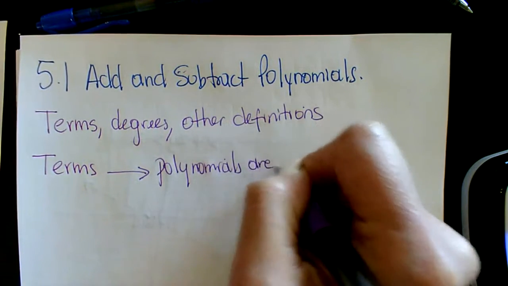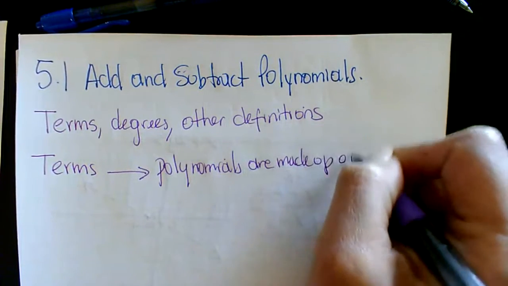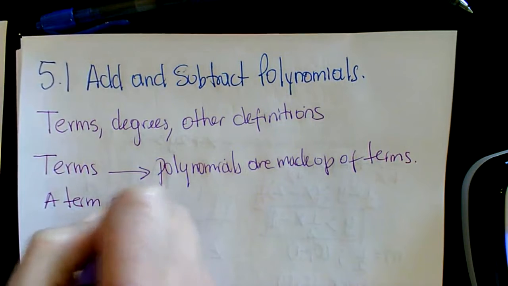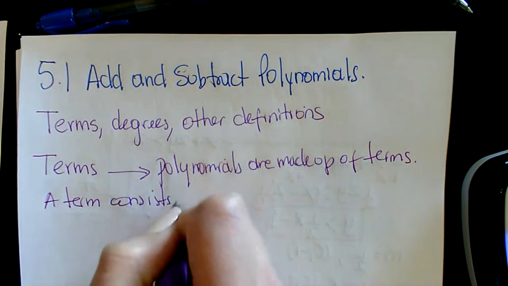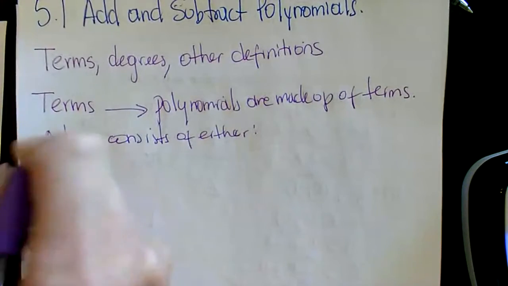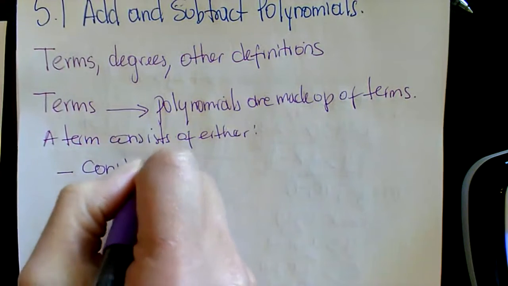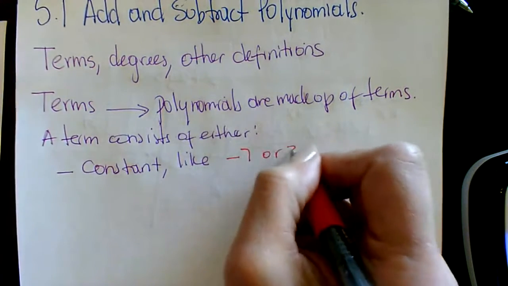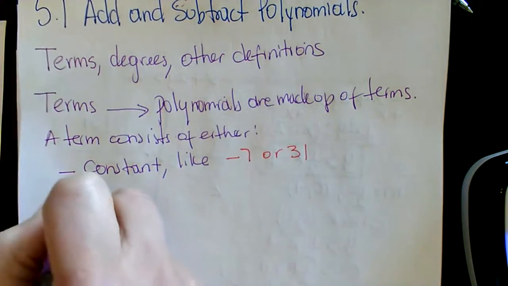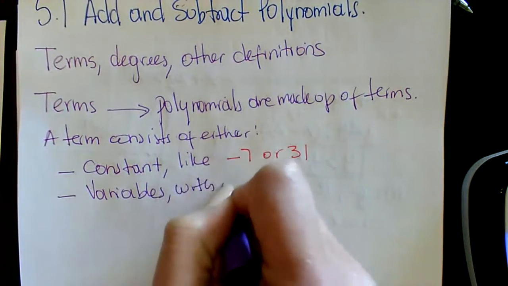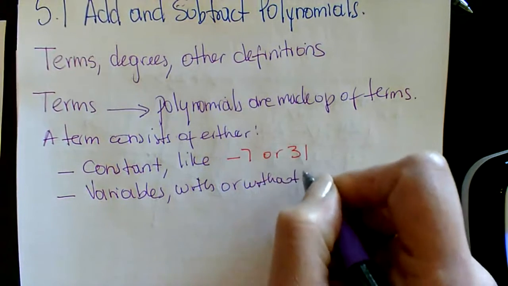Polynomials are made of terms. And a term consists of either, let me write this down, a constant, and here's the example, -7 or 31, or variables, with or without an exponent.